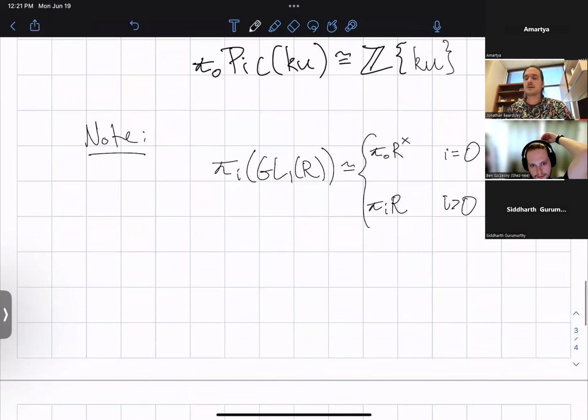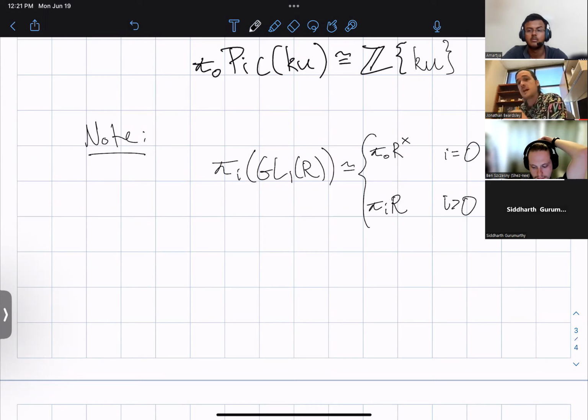And loops on pic R is GL1R. So knowing the higher homotopy groups of pic R is the same as knowing the homotopy groups of R itself. So this pic R is really where a lot of the interesting stuff is happening, or pi 0, I should say.